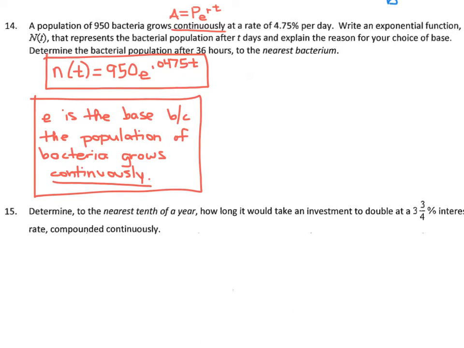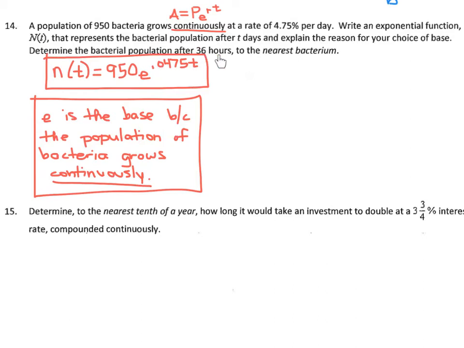Okay, then it says to determine the bacterial population after 36 hours to the nearest bacterium. All right, so they want us to use this formula and figure out how much bacteria there will be after 36 hours. So we're going to have to plug in a number for t for the time. Now, this is growing at this rate per day.